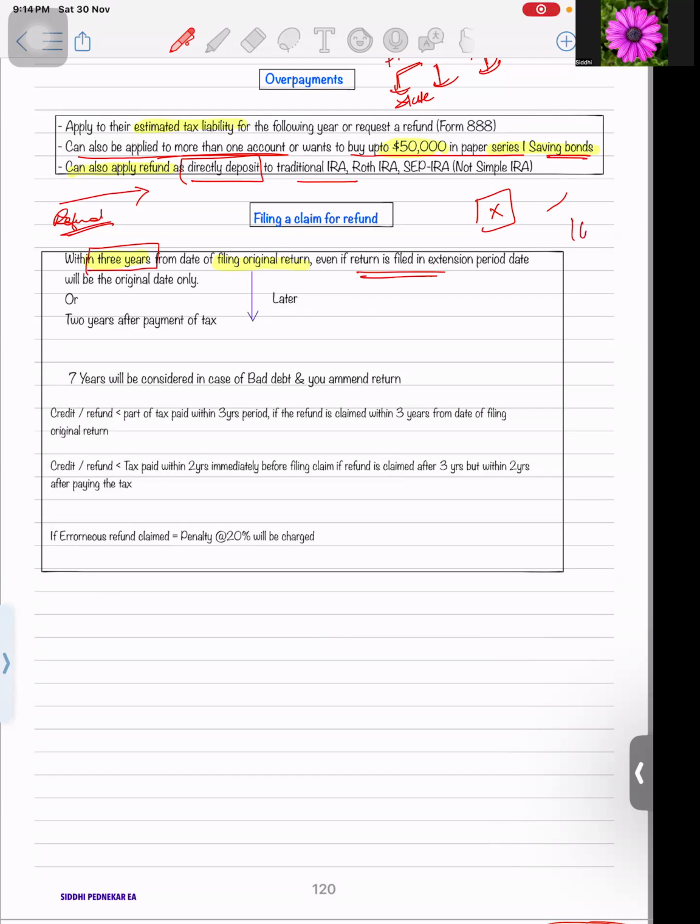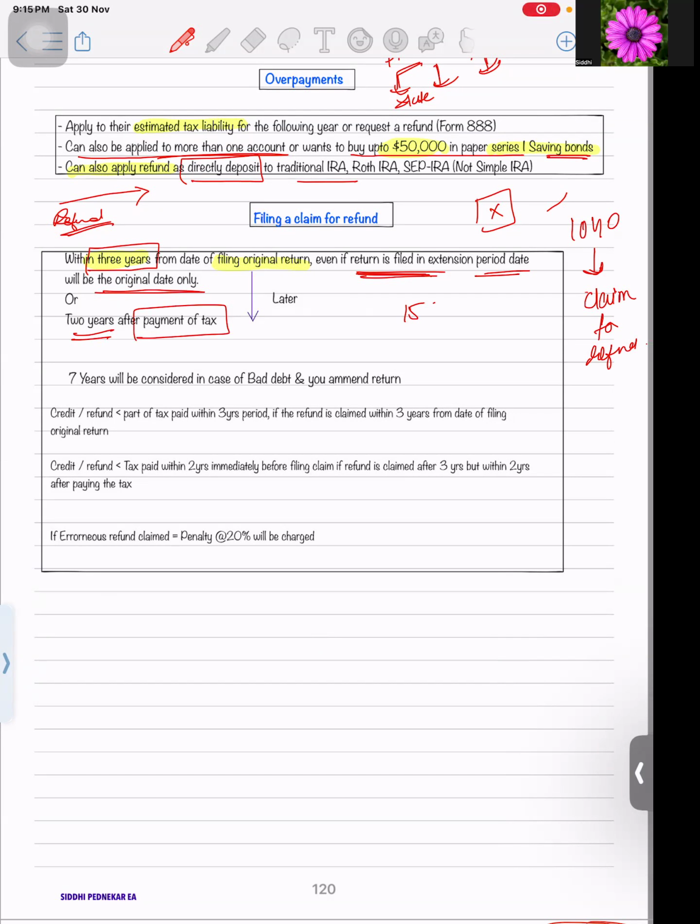It means just like you're filing a 1040, just after that you have to file one more form to the IRS, that is the claim for refund. Okay. Even if it is filed in the extension period and you are going to claim a refund, you have to file within 3 years. This will be from the original date, that is 15th April, or 2 years after the payment of taxes. Let's say you are claiming this refund for what?